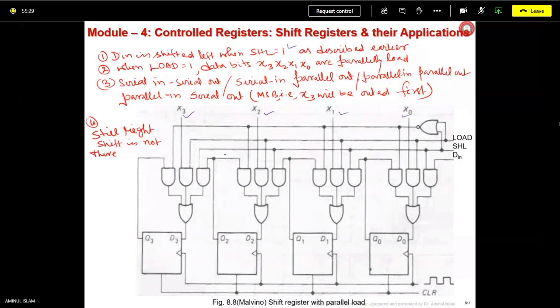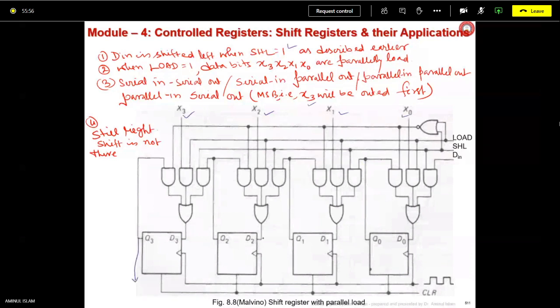Okay. Serial in, serial out, or serial in, parallel out, or parallel in, parallel out, or parallel in, serial out. That is, MSB X3 will be outed first. If you serially out, then you can take the output from here.